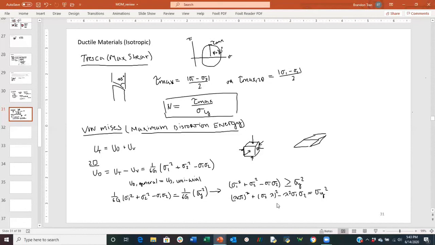If you move everything to the right-hand side but keep lambda on this side, you end up with the safety factor for the von Mises 2D criteria: the yield strength divided by the square root of sigma 1 squared plus sigma 2 squared minus sigma 1 times sigma 2. And that is the failure criteria for von Mises.